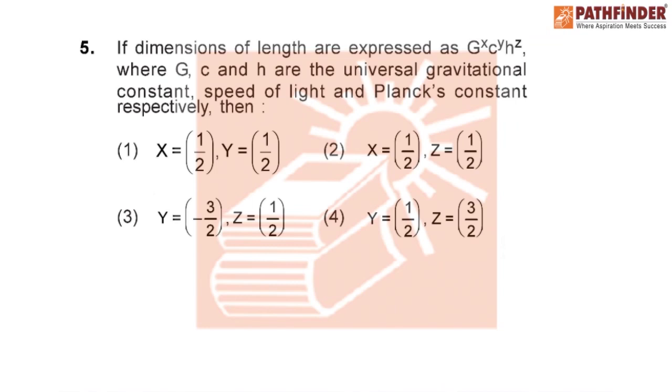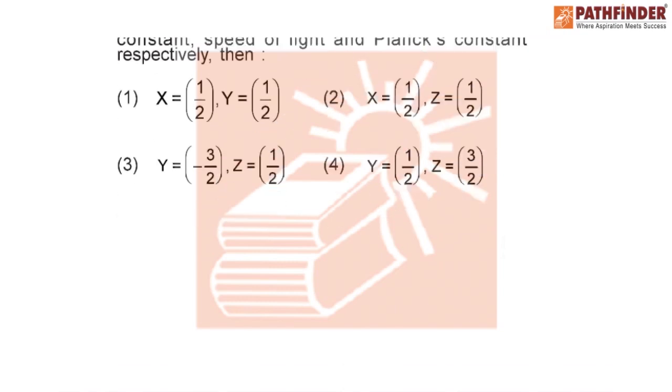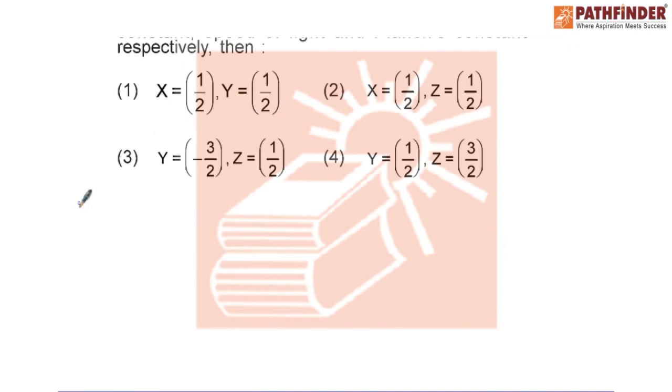Now the first thing that is important is that we know the individual dimensions of g, c and h. To do this, if I write f equals g m1 m2 by r square, then I can say that f is equal to m l t to the power minus 2, and G is something we don't know, m square by l square.